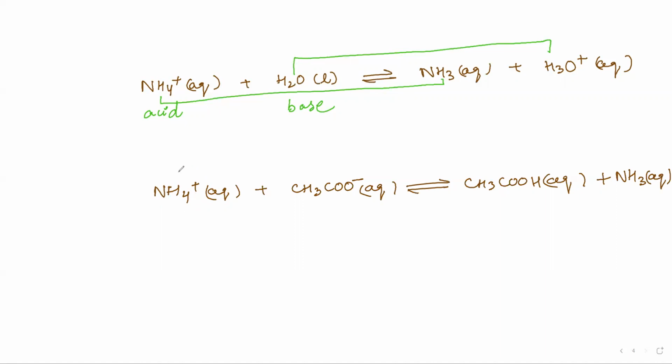Here, if you see again, NH4 positive is losing a proton and that proton is gained by CH3COO negative. So this particular one is acting as a base and this is acting as an acid.